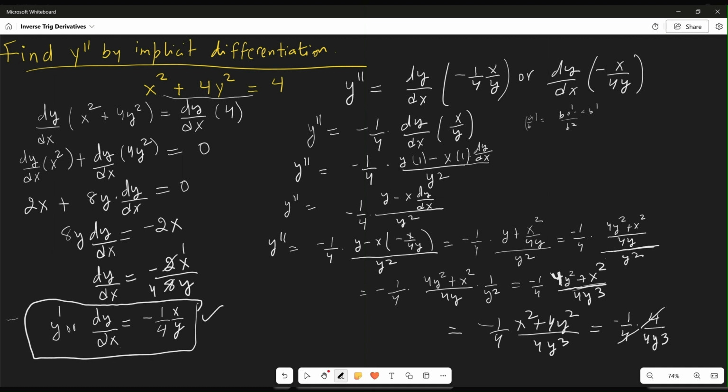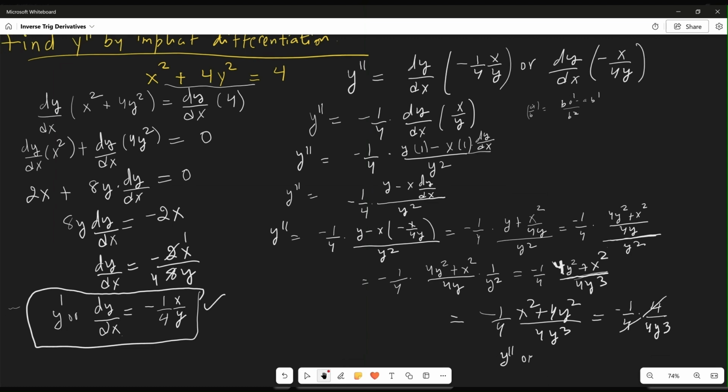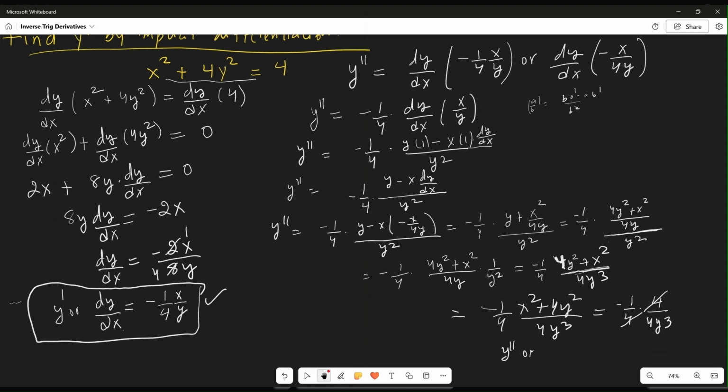The second derivative y double prime is equal to negative 1 over 4y cubed. I hope this makes sense. Thanks for watching.